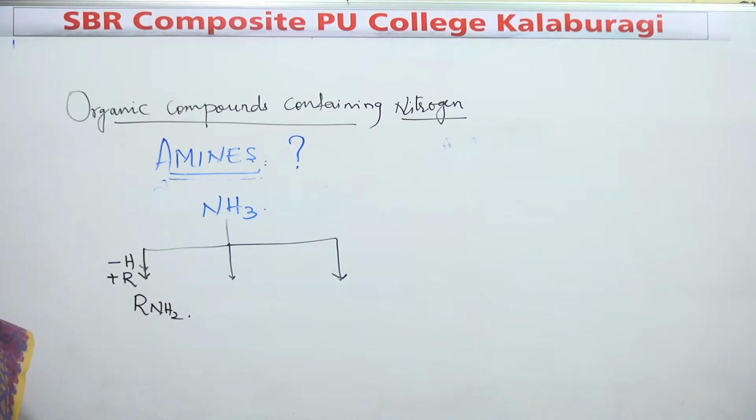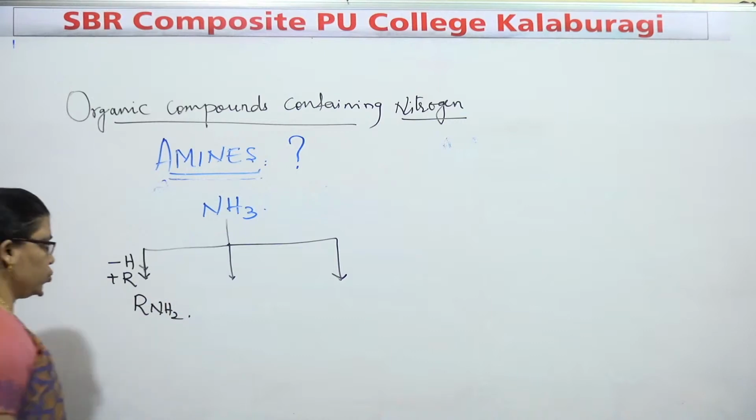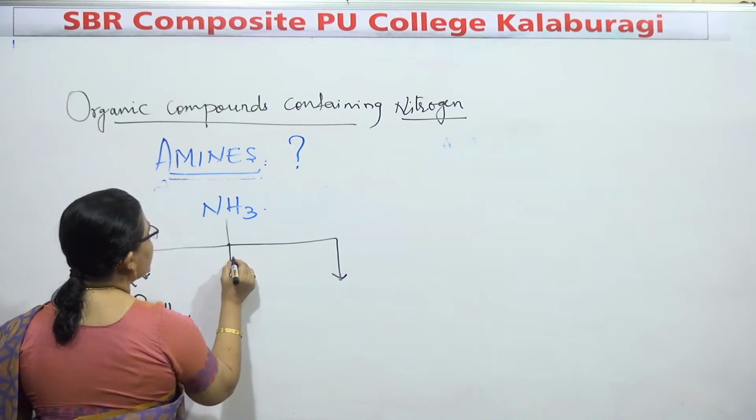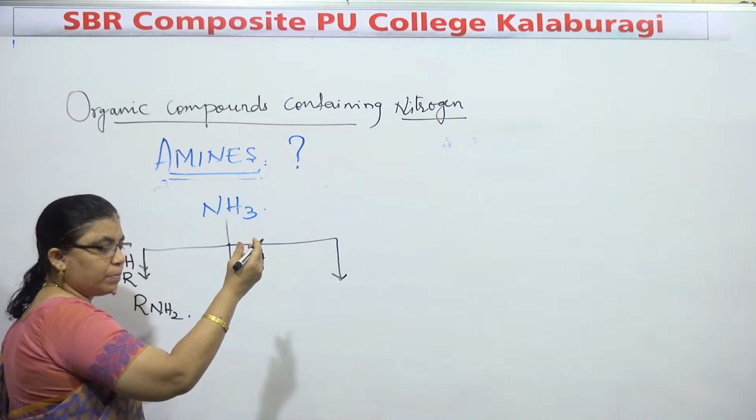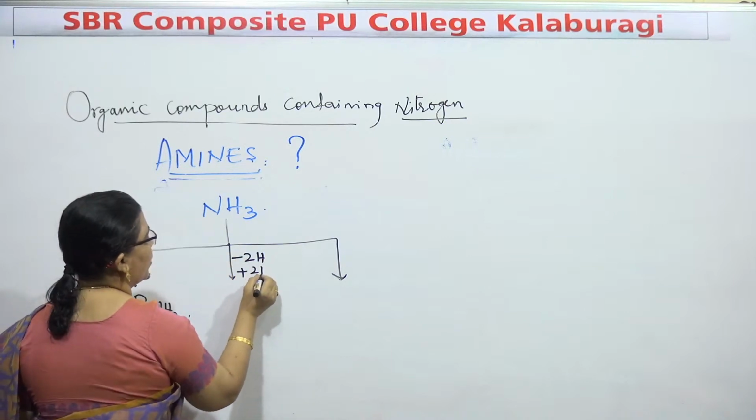They are represented as what, children? RNH2.